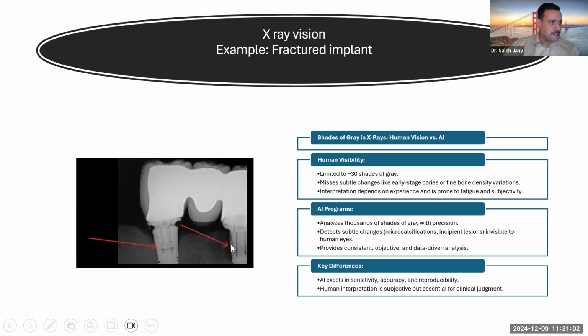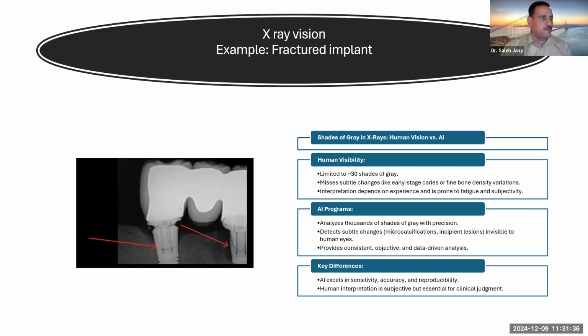For example, if I have experience, I can recognize that there's a fracture here in this implant, but I couldn't see this one. So sometimes you can miss that exposed margin. The AI can immediately follow the margin, and you see there's a defect in the margin and a fracture in the implant.